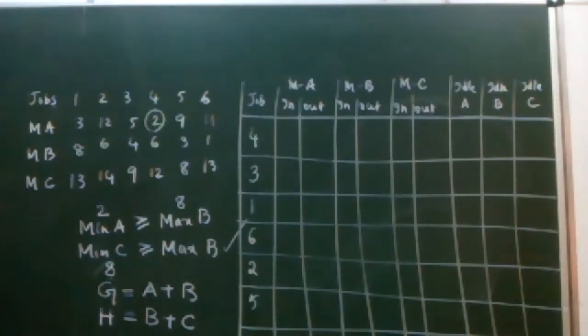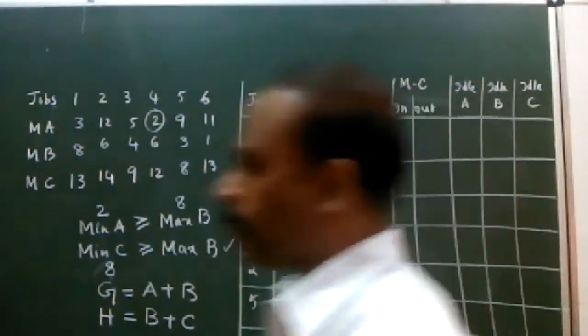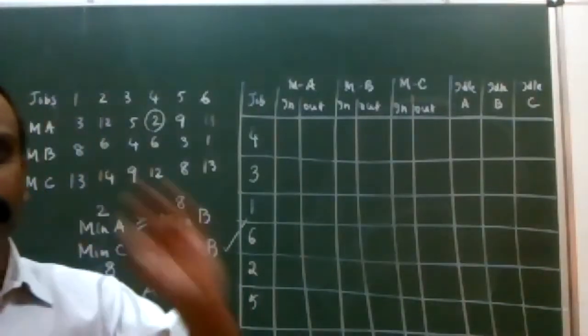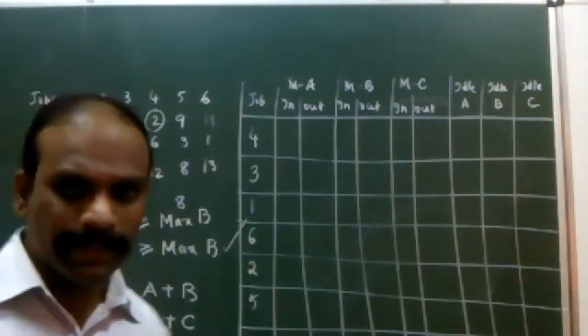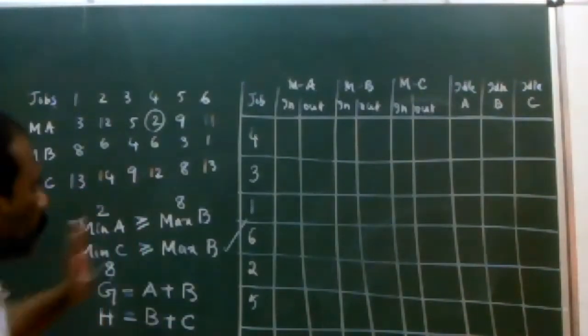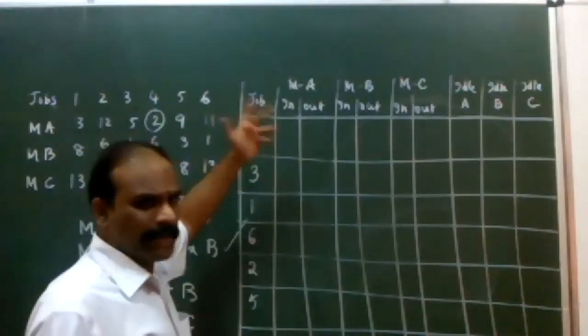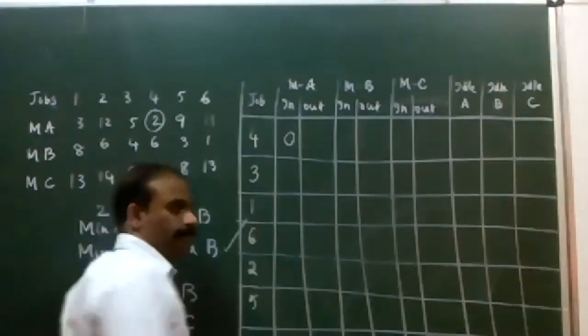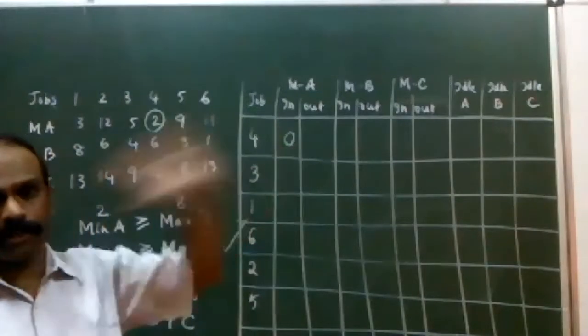If you remember, in the two machine problem, I did mention that always the first job shall be started at 0 minute. Do you all remember this? Yes, sir. The same procedure is applied here as well. Whichever is the first job, it can be any job, we always start with 0. And then we do the remaining calculations.